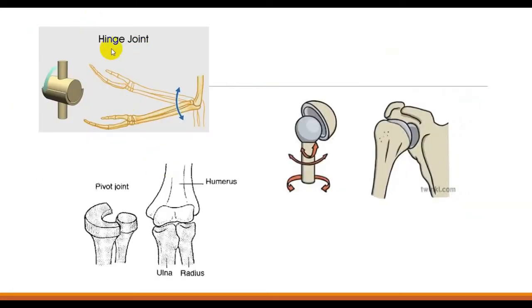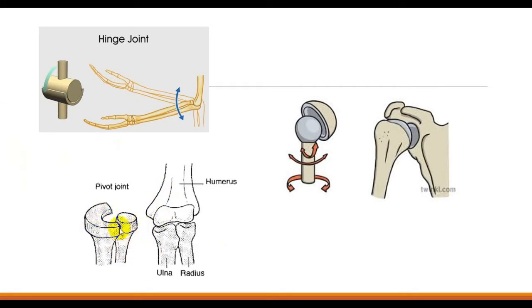For example, the hinge joint, or we can say the elbow joint, is like this. The structures are like this: one bone with a hole and the other bone with a protruding structure. They are connected with each other, making a joint, and that joint is only movable in one direction. The second is the pivot joint, which is like this, so we can rotate and twist it.